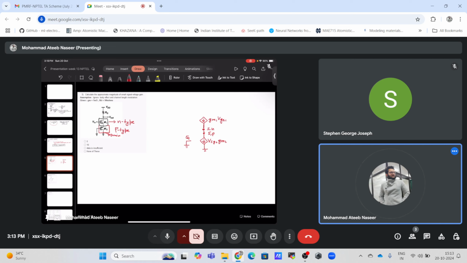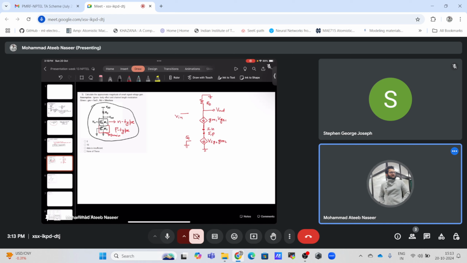This gate is connected with Vin, and we are measuring the voltage at this node Vout, and to this we have an RD connected, and as we know the DC source has to be grounded. So this is our small signal equivalent model for the schematic shown over here.